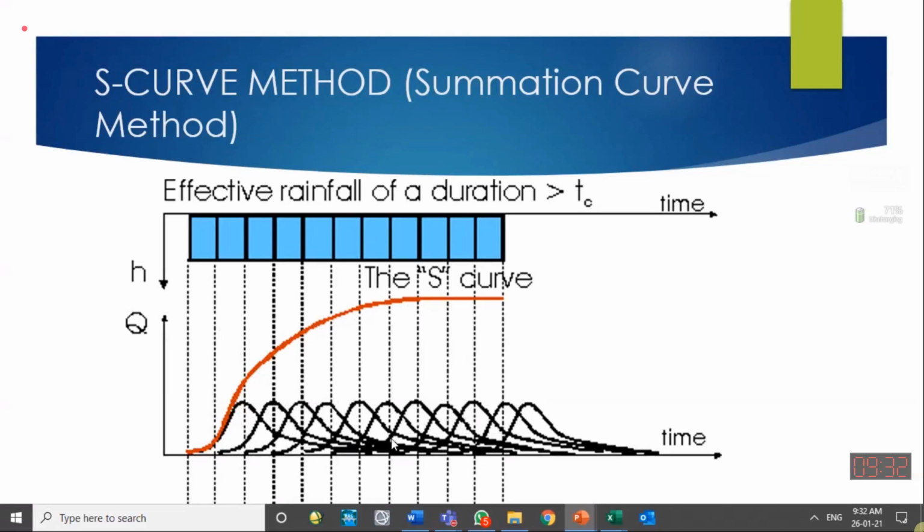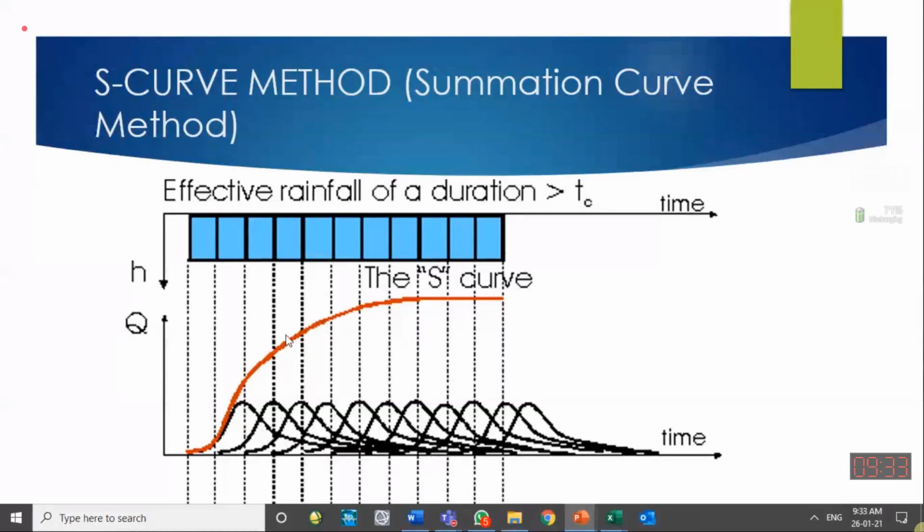These lagged hydrographs are actually representing the continuous rainfall in this basin. When we have a continuous rainfall of very large duration, the hydrograph shape becomes stagnant, and the effect of the next hydrograph is compensated by the reduction of the first hydrograph and then the next. When a new hydrograph is added, the previous hydrograph effect is vanishing.